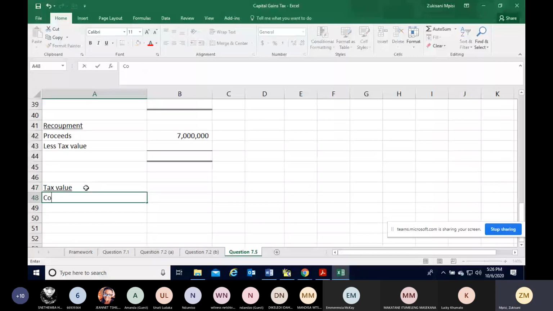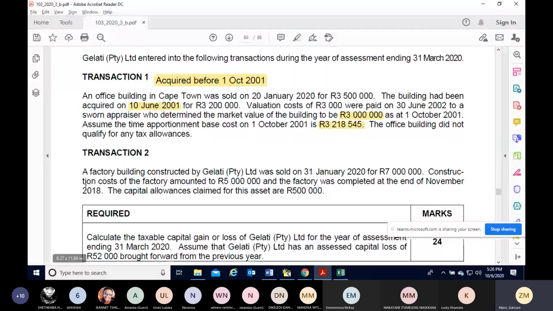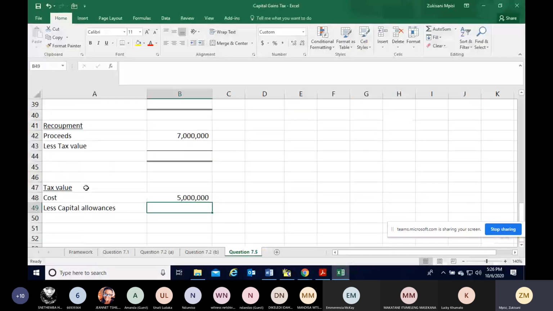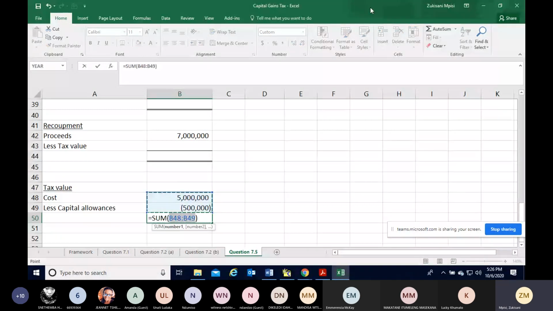So tax value is cost less capital allowances. We are told that the construction cost of the factory building amounted to 5 million. The capital allowances are 500,000. Therefore, the tax value would be 4,500,000.